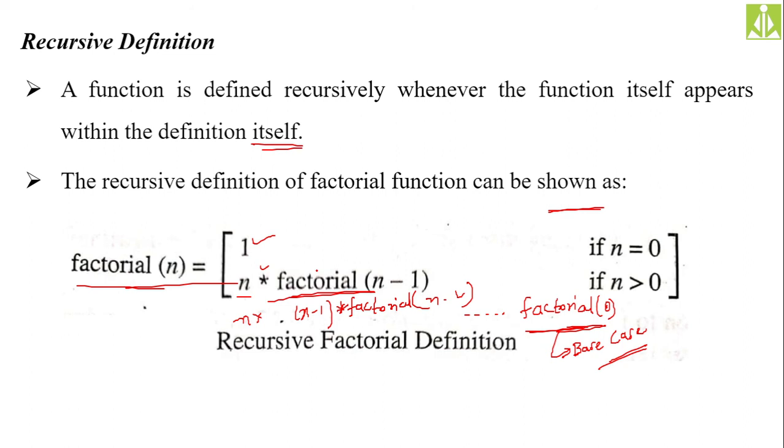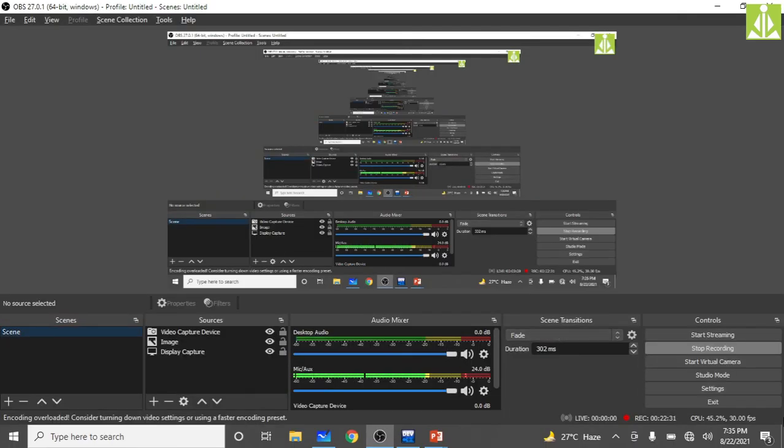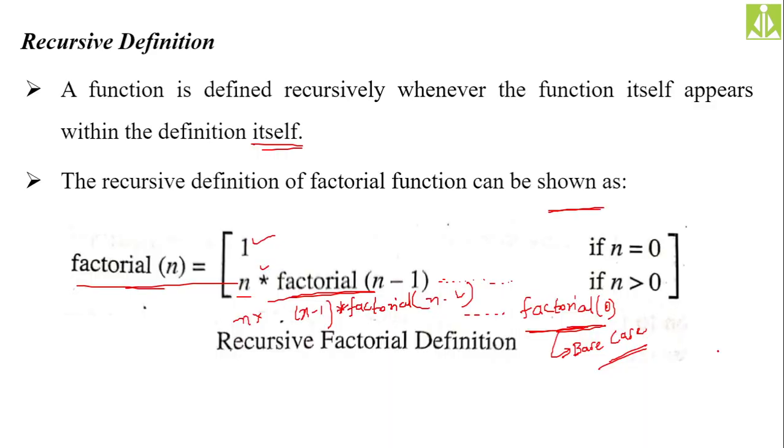Likewise, we do the calculation until we reach the base case, which is factorial of 0. If you reach factorial of 0, you can stop the recursive process there. Okay.